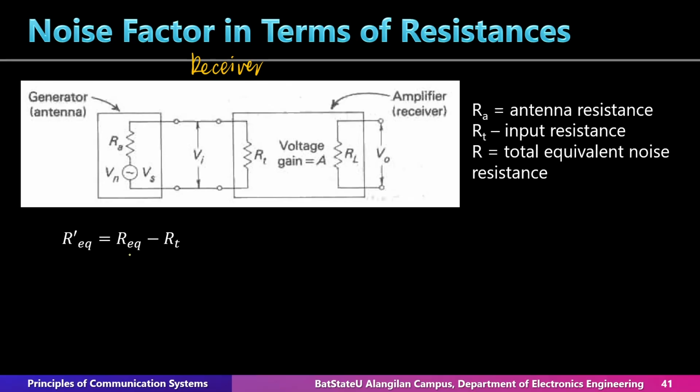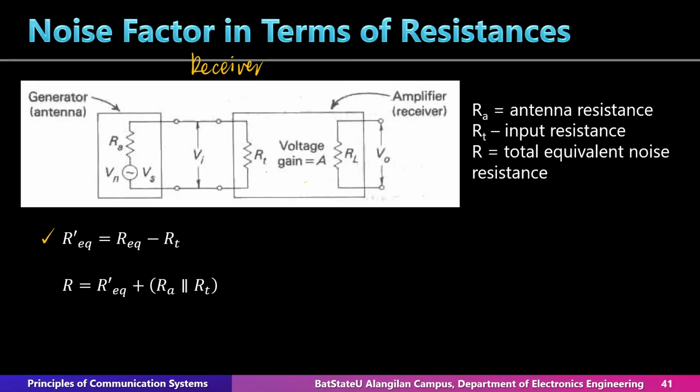Again, this is the total noise resistance minus the resistance due to the input impedance of the amplifier. Why? Because in the succeeding calculations, we need the effective noise resistance, which does not include the input resistance of the amplifier. So guys, this is R prime X. Now, what is the total equivalent noise resistance?